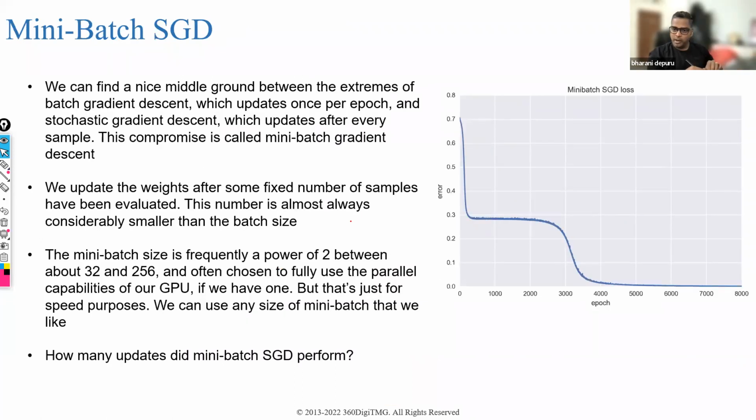And then you have mini batch SGD. As I've told you, usually the batch size is preferred to be a power of 2, like 2 raised to the power 4 or 2 raised to the power 5, 16, 32 is what you get. Because usually when you look at your RAM, you'll have 8 GB, 16 GB, 32 GB, 64 GB.